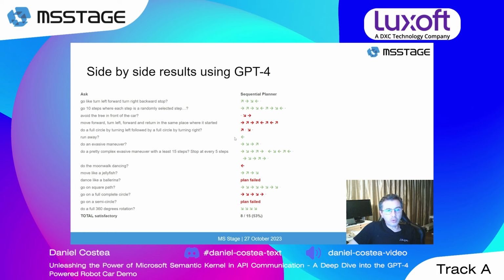Nevertheless, it's good to compare. I put in red those sequences which are not satisfactory. So it looks like it failed a few times. Yeah, more or less half of the times it went well, half of the times it didn't. But why is that? Let's discuss.